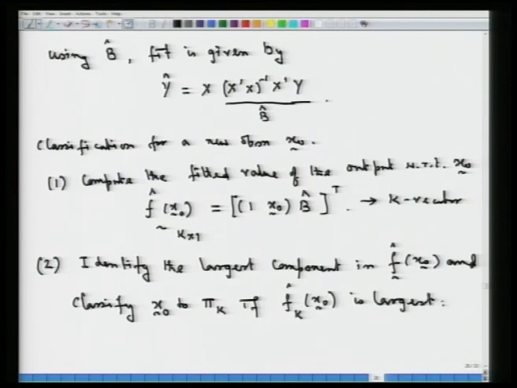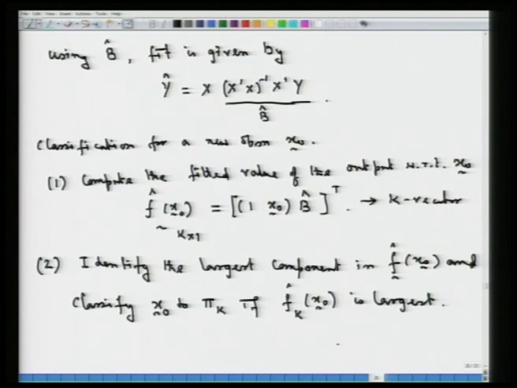The logic is simple, because we were looking at y1, y2, yk to be the k indicator variables. The value for which that is equal to 1 in the population was the class membership, and from the sample, if we look at the fitted value corresponding to this x naught, then this is going to be this k vector of fitted values of y1, y2, yk. For the component with the largest entry in this vector, we are going to classify x naught to pi k.